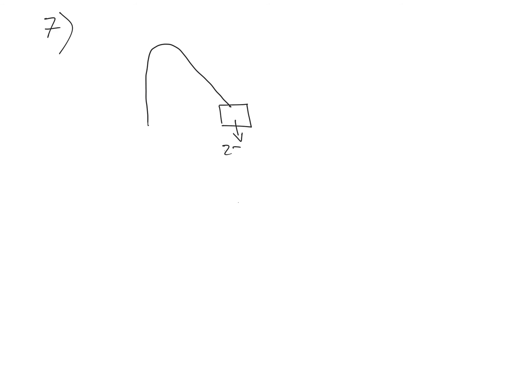We've got 250 down, we've got 25 newtons across, and we've got a tension here. And we've got a force that's being pulled down. And so that's my angle theta.